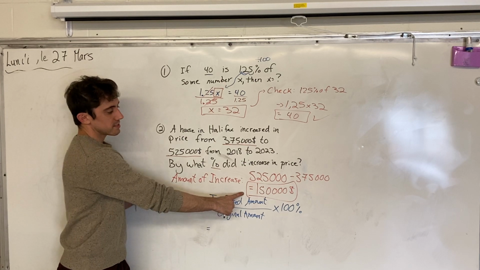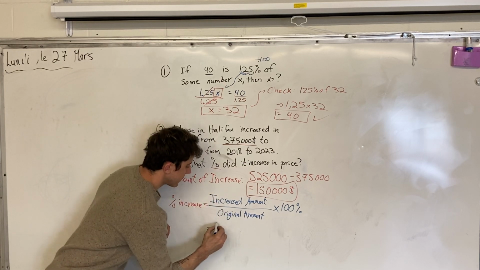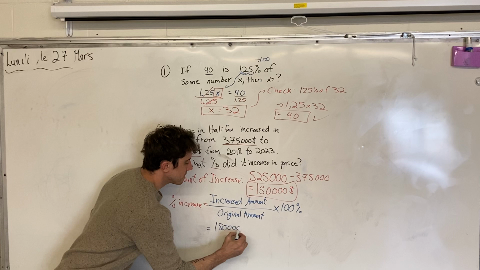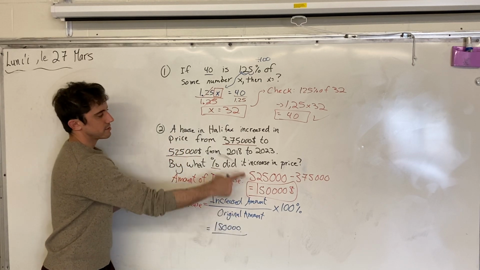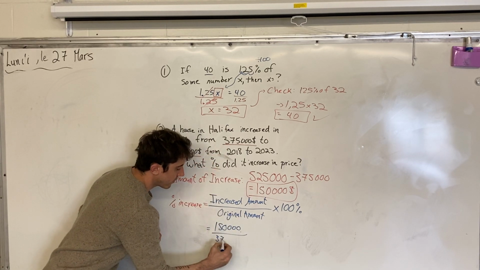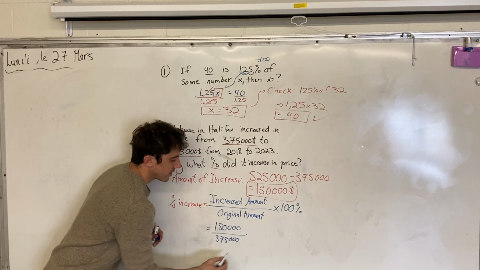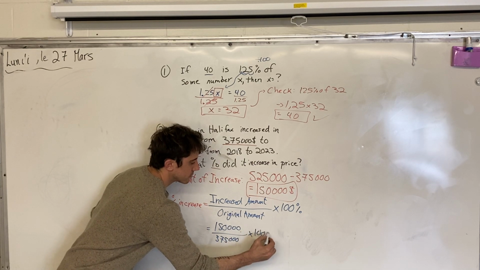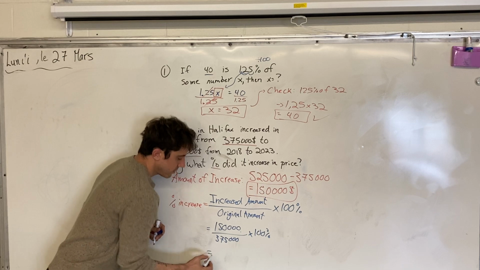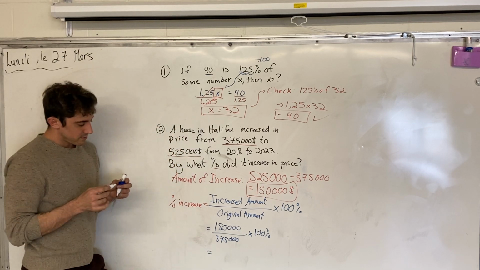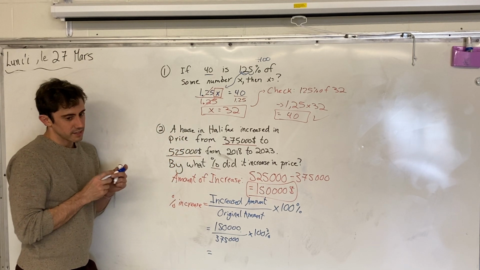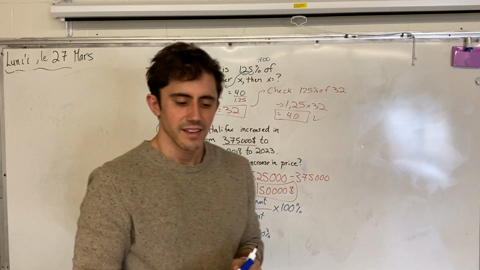We have these numbers ready. The increased amount is, as we found, $150,000. So 150,000 divided by the original amount, $375,000, and multiplying that by 100%. You can do this on a calculator if you'd like.